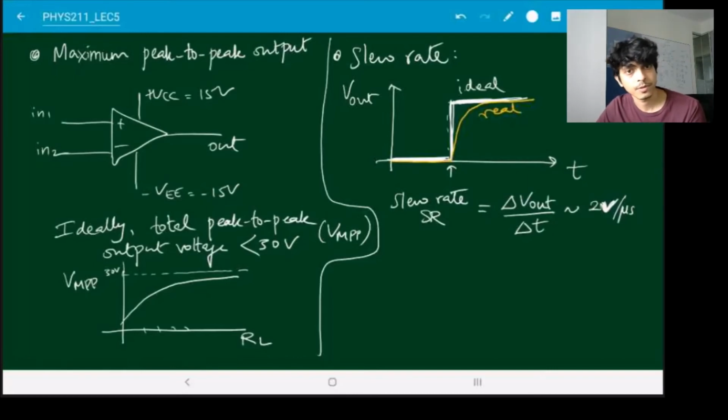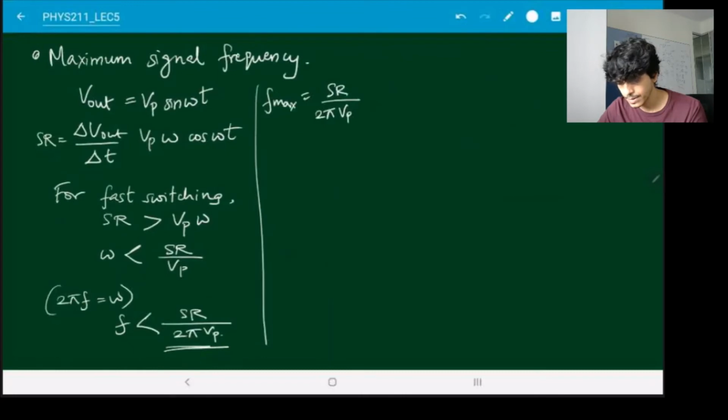So always your output will be limited to that value. We have seen what the slew rate is, the rate at which your signal can switch between states. And then we saw what is the maximum signal frequency that can be admitted into your op-amp.